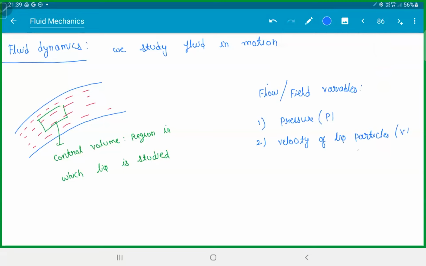When I say particle, it's not actually a single particle, it's a collection of molecules. You don't study a single water molecule like that, you study a collection of molecules. Third, density. Fourth, acceleration. Primarily, we'll focus mostly on pressure and velocity.